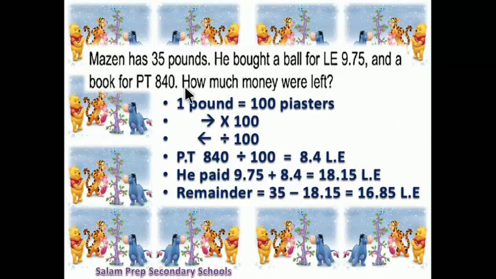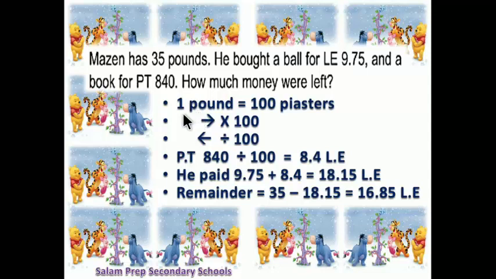The two amounts are in different measuring units. Please take care. The amount of the ball is 9.75 pounds, but the amount of the book is 840 piastres. We can't add two numbers with different measuring units, so we need to convert.